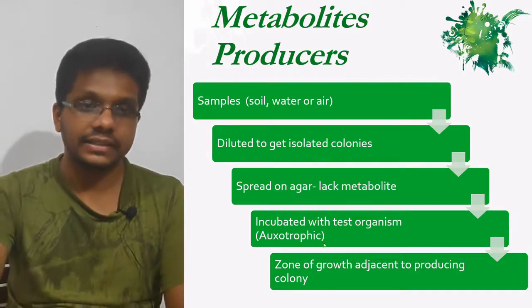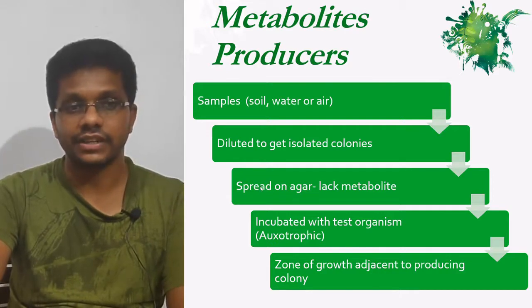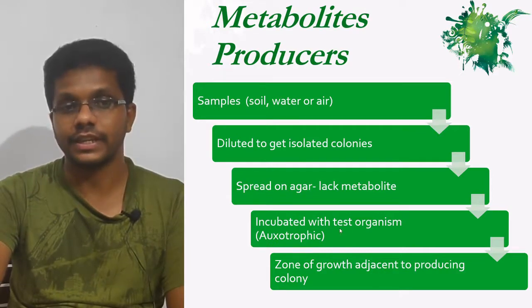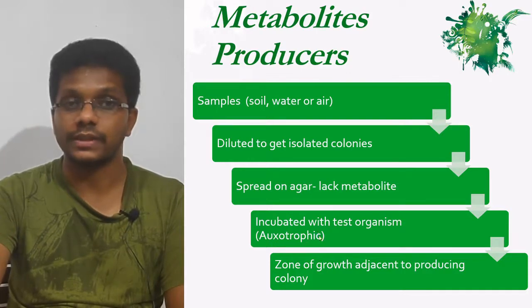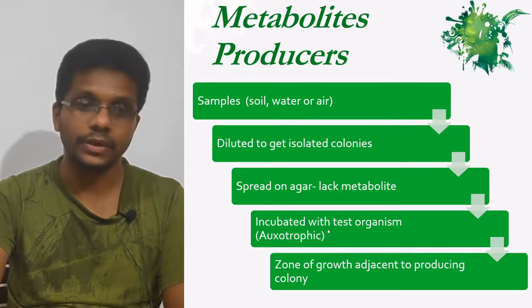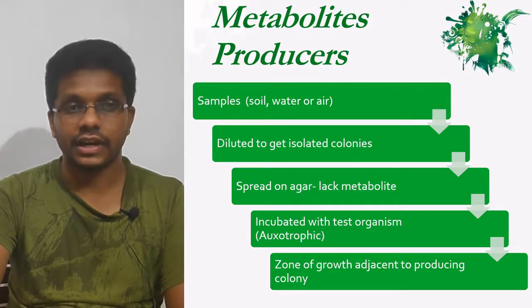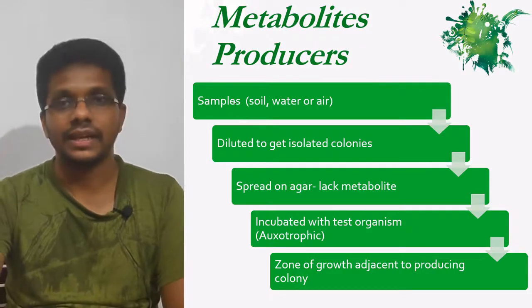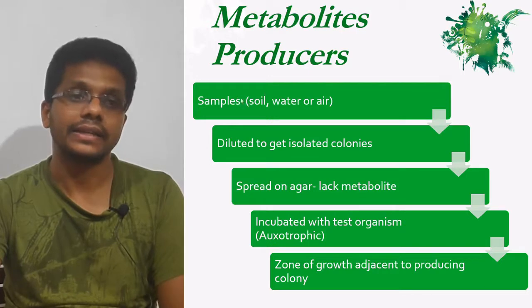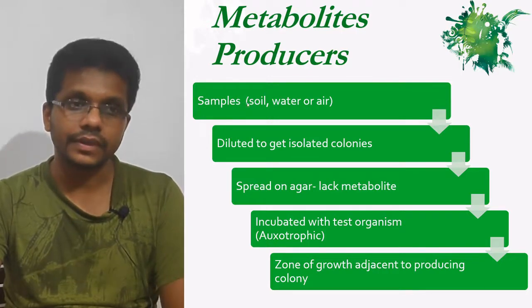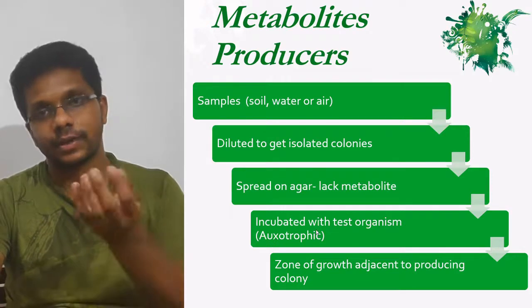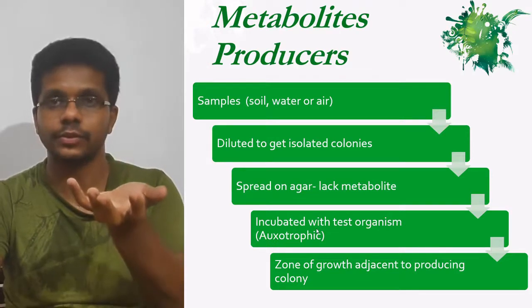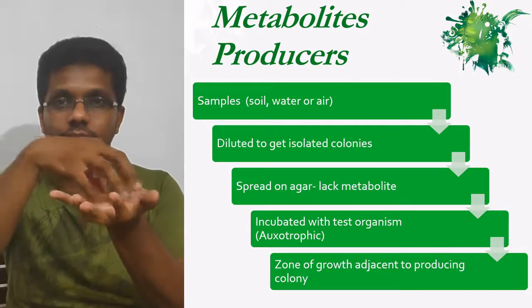And then, after incubation, we are incubating it with an auxotrophic organism, which can grow only in the presence of a particular compound. So if our sample contains a microorganism which is producing the essential nutrient, this microorganism will grow and produce the essential nutrient and release it into the surrounding medium.